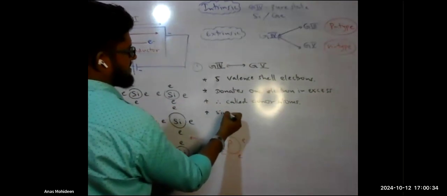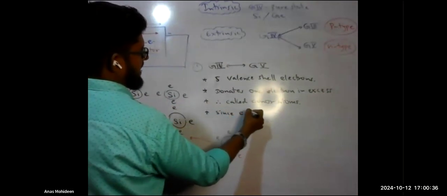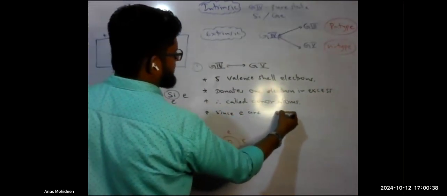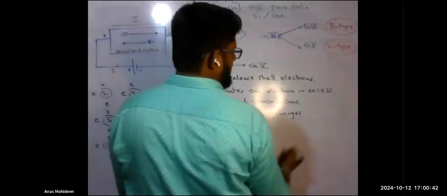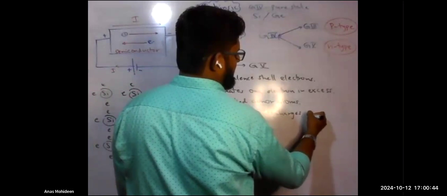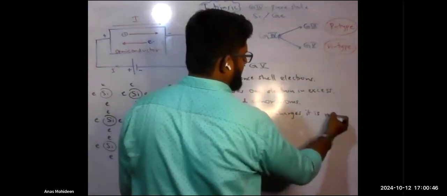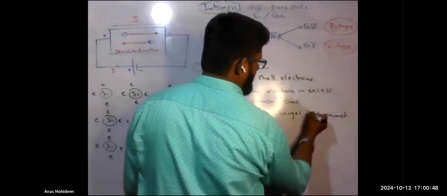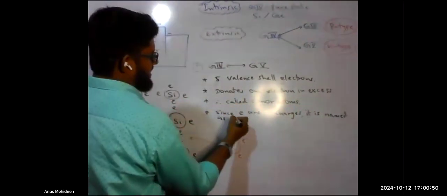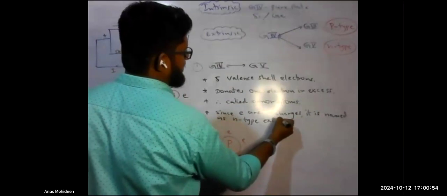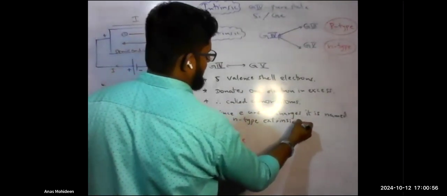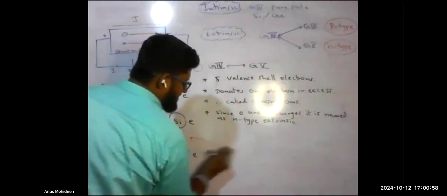And since electrons are negative charges, the semiconductor is named N-type extrinsic.